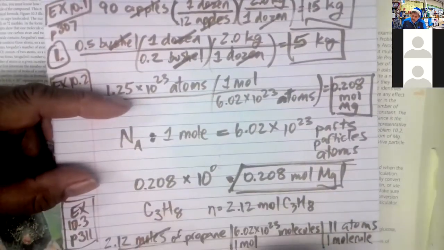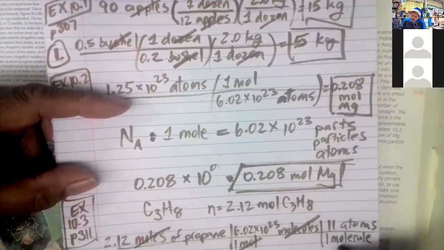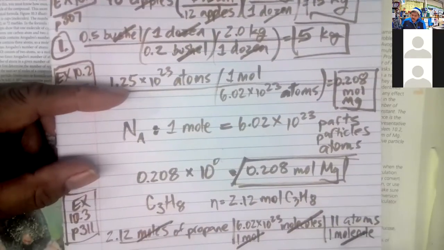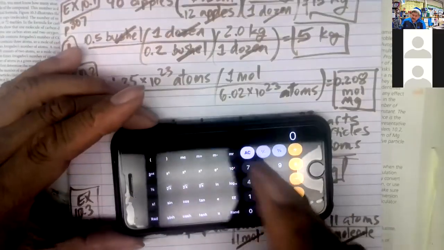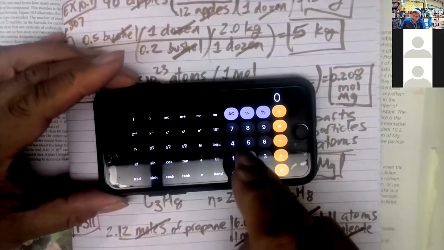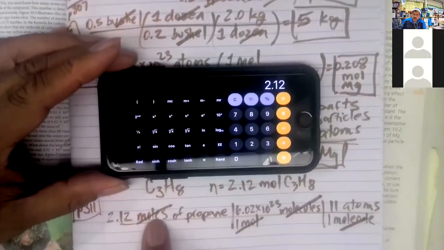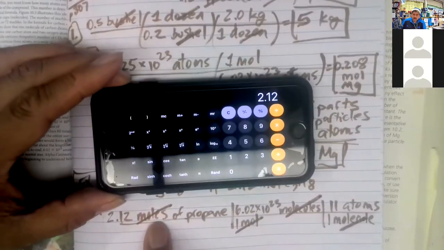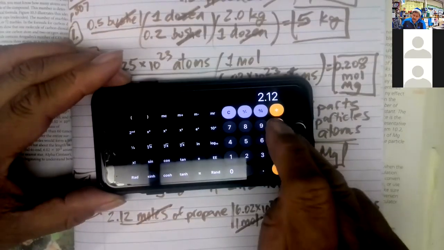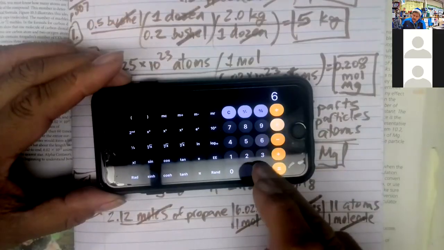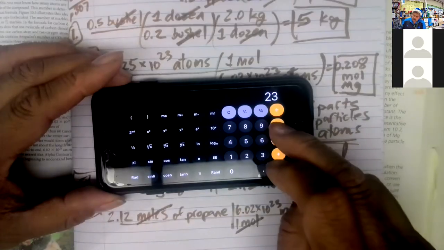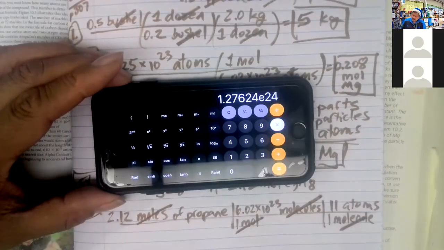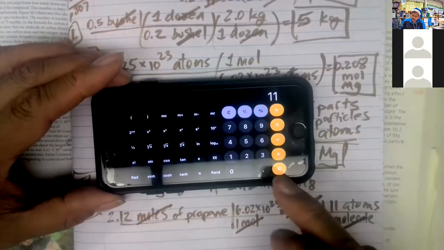So moles are going to cancel. Molecules are going to cancel. Atoms are what's left. So let me go back to the calculator and put in 2.12 moles of propane times 6.02 times 10 to the 23rd, and then multiply that times 11.